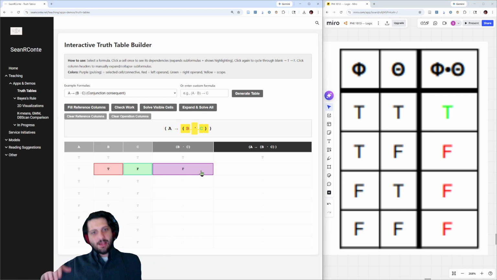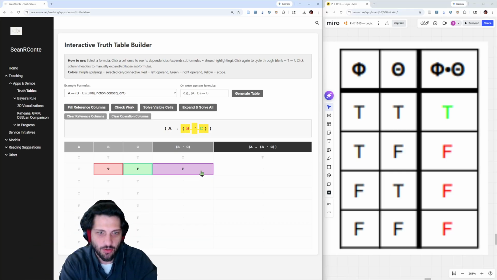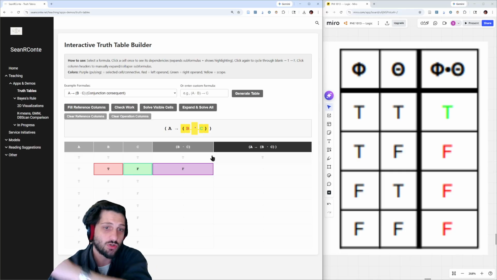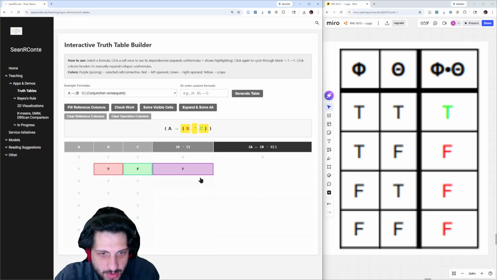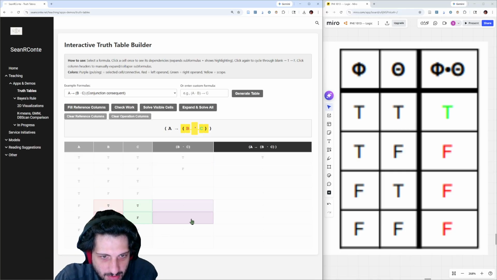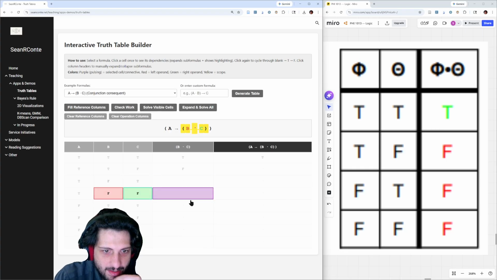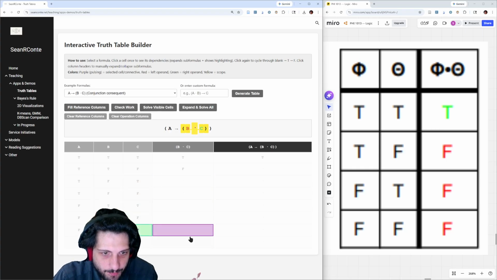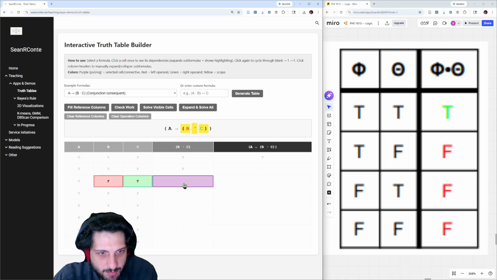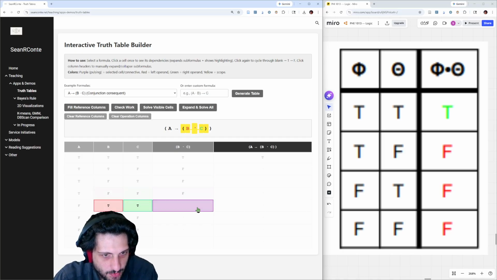As you're doing this, you'll start to realize different knacks for trying to do this more quickly. We can do it row by row. But another way we could do this is thinking, okay, let's figure out in each of these possible worlds, is B and C true? So in this world, B and C is false because we don't have both. False because we don't have both.